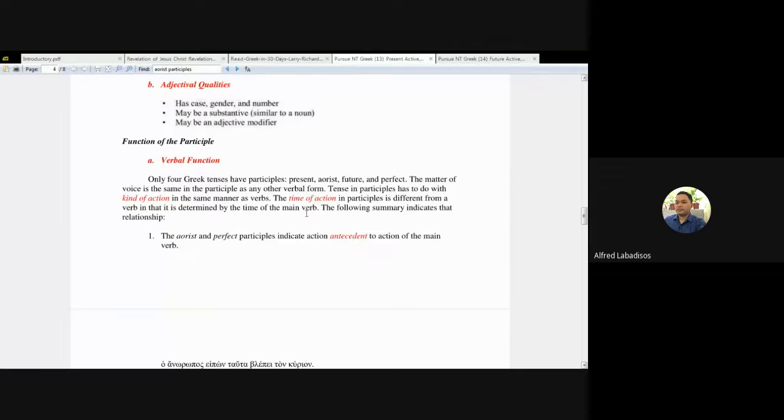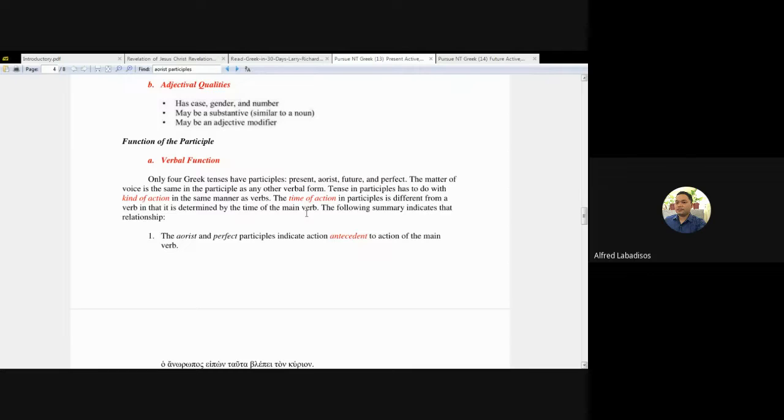So participles cannot be considered as the main verb in a sentence. They are not functioning as the main verb because the time of the action is determined by the time of the main verb. However, the tense of the participle denotes the kind of action.